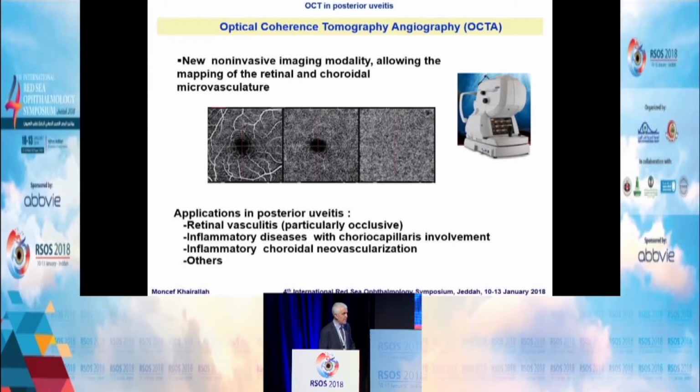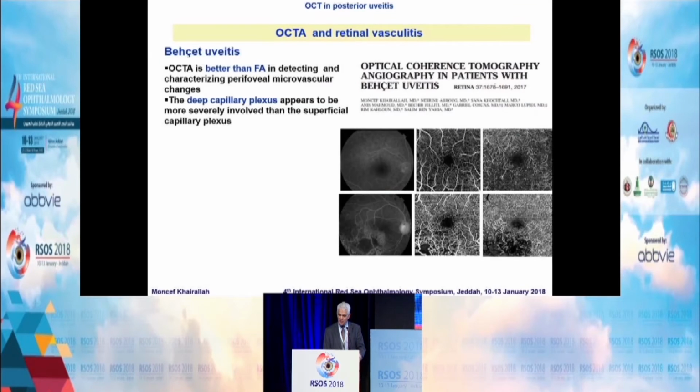As you know, this is a new, non-invasive method allowing the mapping of the retinal and choroidal microvasculature. Applications of OCT angiography in posterior uveitis mainly include retinal vasculitis, inflammatory diseases with choriocapillaris involvement, and inflammatory choroidal neovascularization.